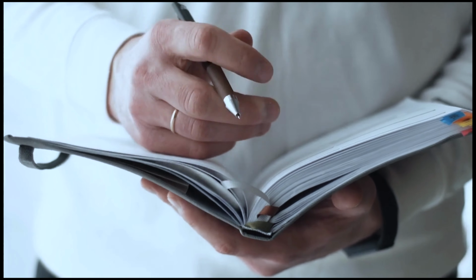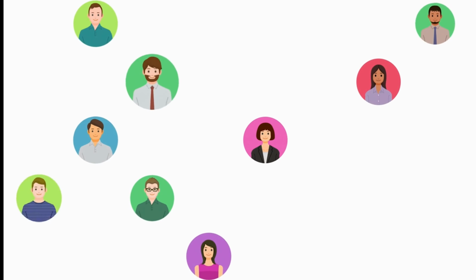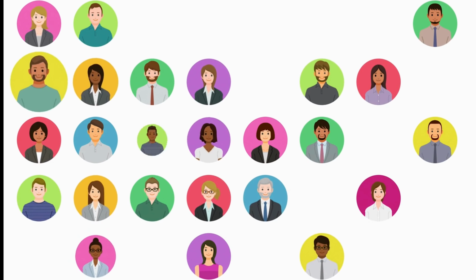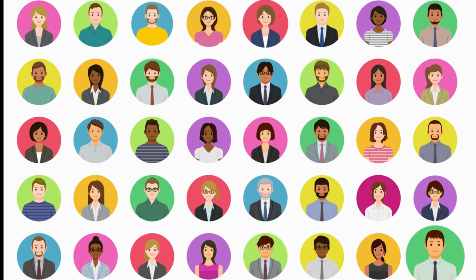So what is a plotter versus a pantser? Let's start with plotter. A plotter is someone who will take time to pre-write before diving right into their first draft. This typically means that they'll be making a plot outline, they build characters, give them names, physical attributes, personalities, and a little bit of a backstory.